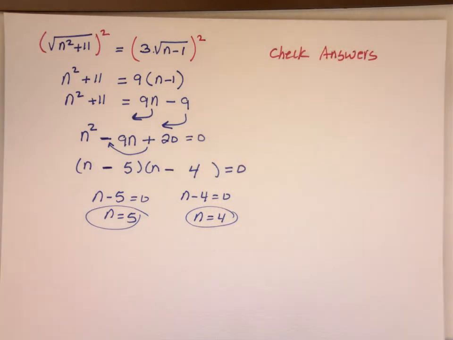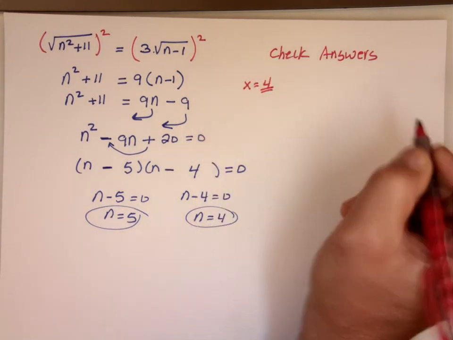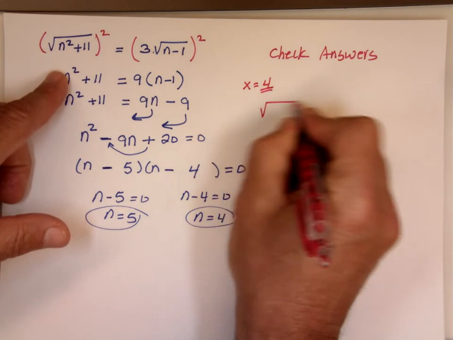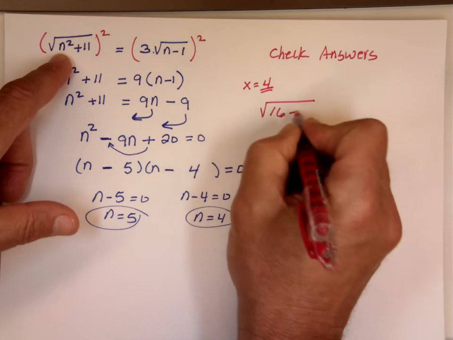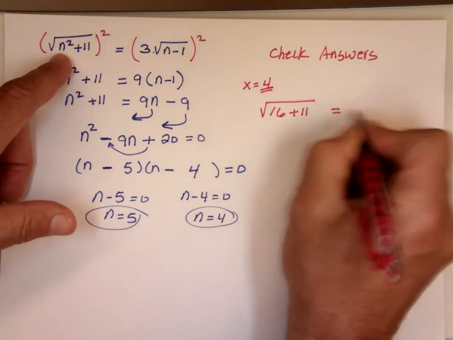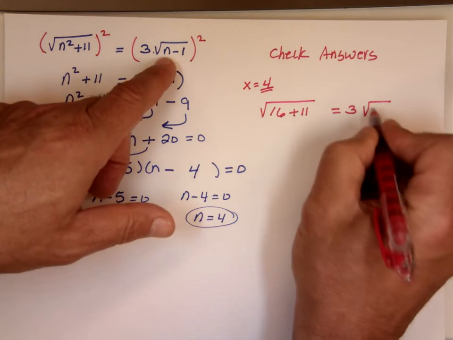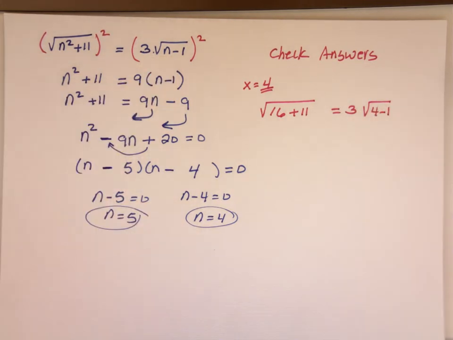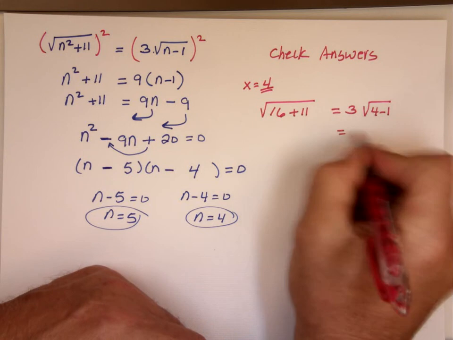Let's try the 4. Let's see if it works. 4 squared is what? 16. 16 plus 11. Does that equal 3 times the square root of 4 minus 1? This is 3 the square root of 3.